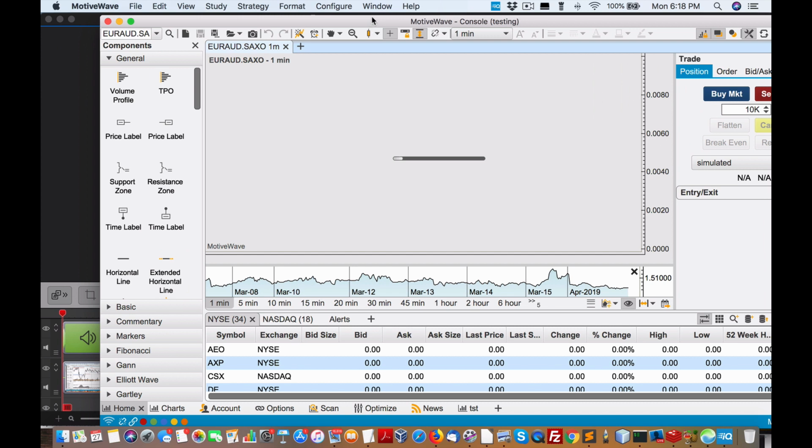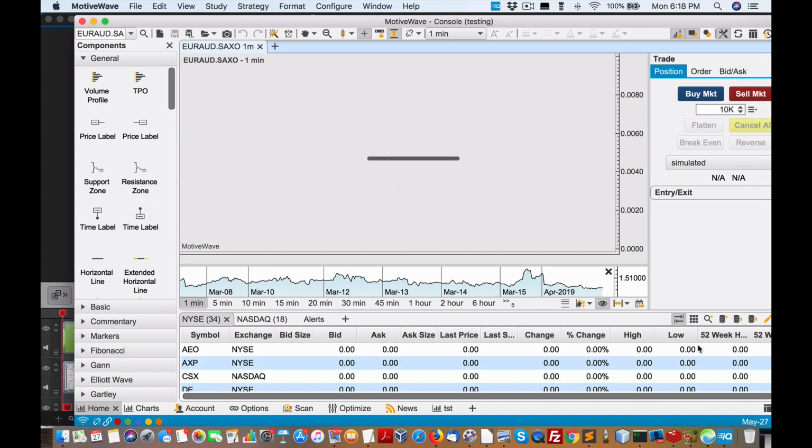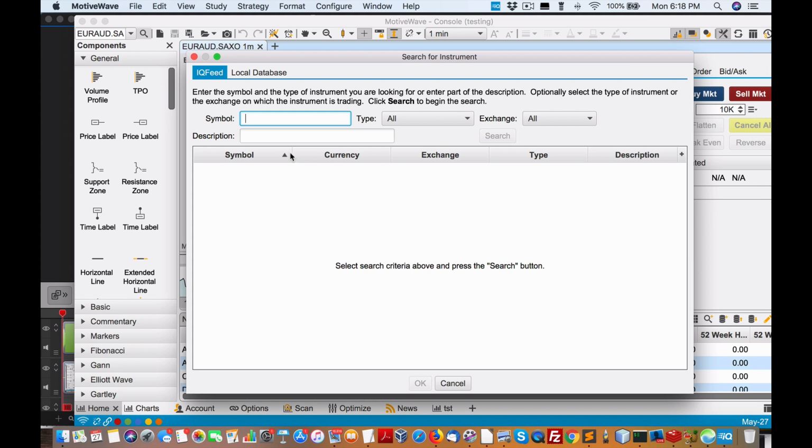I'm just not really doing that. I don't know why it's circling around like that. Maybe I don't have access to it. Let's see if I do Euro again.